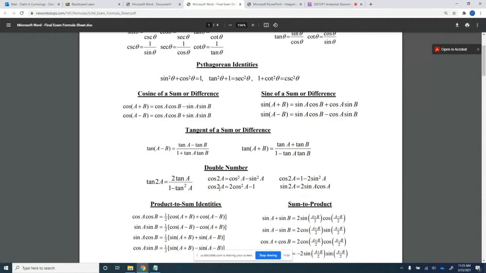The cosine of 2a or 2x is equal to 2 cosine squared x minus 1. So we're going to take this formula and solve it for cosine square.